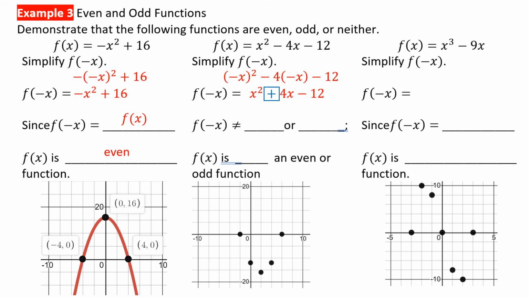So it looks very similar to the original, except that one sign is different. The difference means it's not the same, so it's not equivalent to f of x, but it's also not with all three signs being different, so it's not the opposite of f of x either. So f of x is not an even or an odd function.